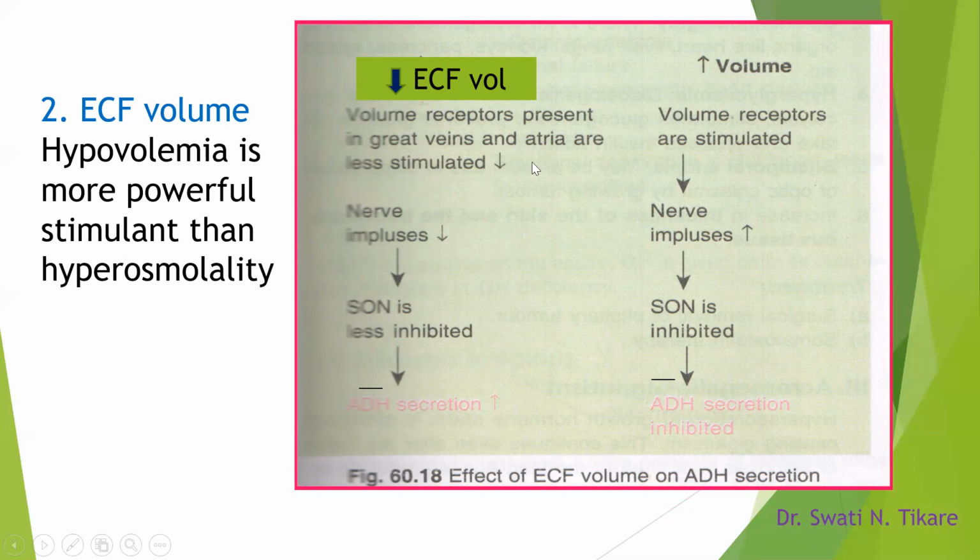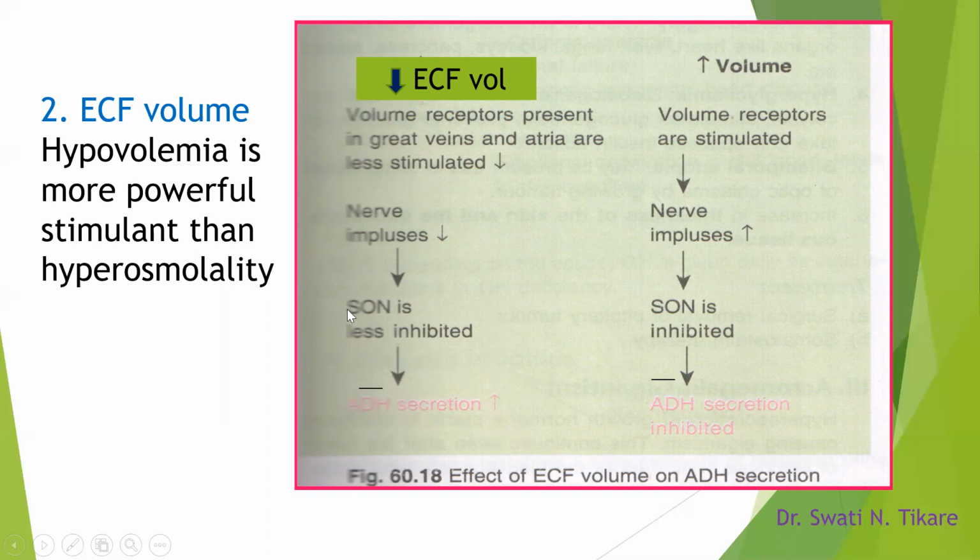When there is decreased stimulation, that is decreased nerve impulses, the hypothalamus is less inhibited and hence the ADH secretion is increased. Basically it has an inhibitory action, and when there is no inhibition, it will increase ADH secretion. It is a double negative.